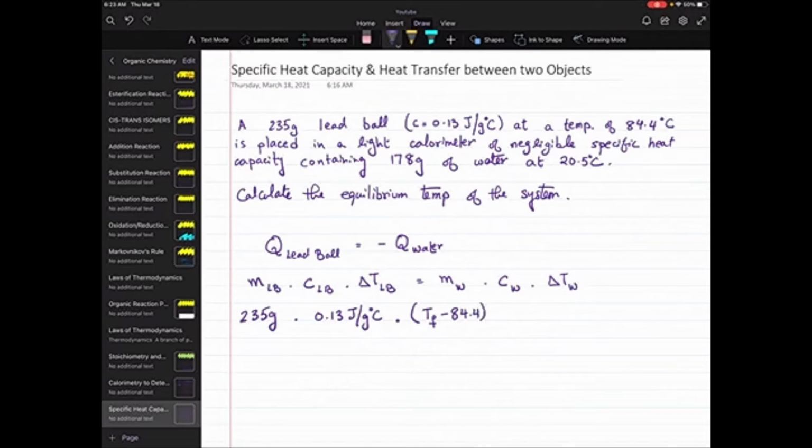Right. Now, you have to remember that one is the negative of the other, so I'm just going to put the negative sign there. That is important.